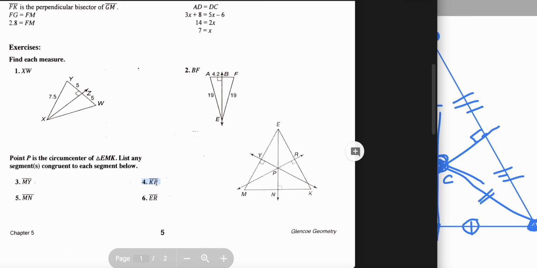And then we have question number 4, right? What's congruent to KP? That is the distance from the circumcenter to the vertex K. It's not drawn in the figure. But you want to ask yourself, what is congruent with KP?